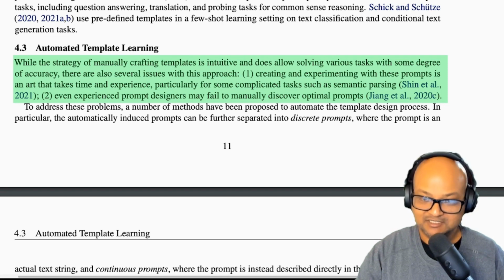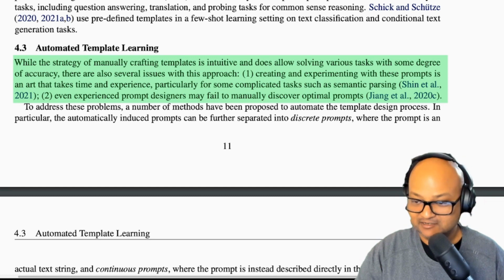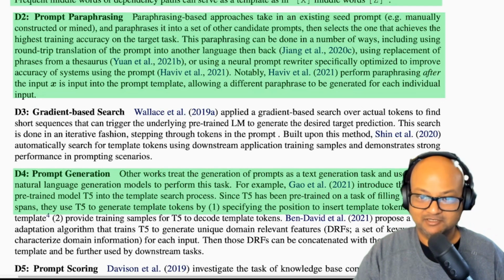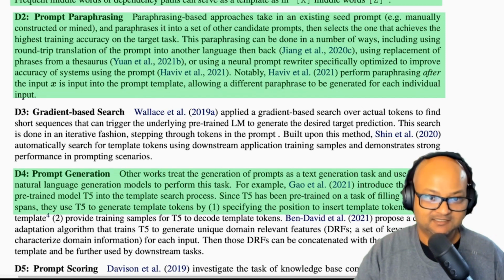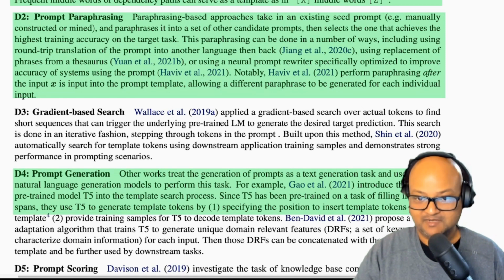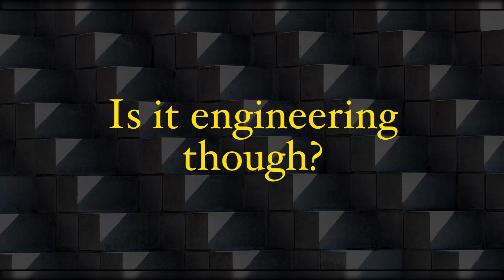If you knew exactly what you were looking for, you would just write it yourself, but you don't. But also you do know it when you see it. So the next frontier seems to be looking for opportunities to bring automation to the prompt generation process itself, with techniques like mining, which is looking in large corpora for the prompts themselves, or paraphrasing existing prompts.